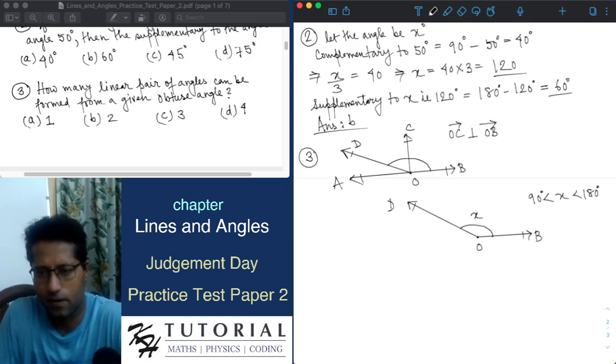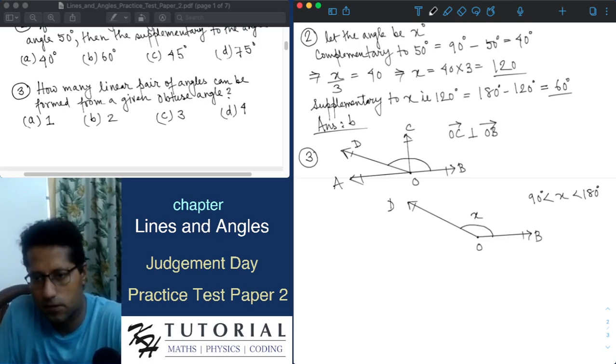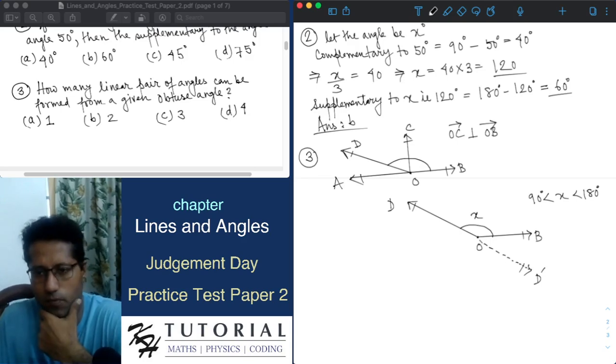I can create a ray opposite to OD, something like this, where let's say this is D dash. So OD dash is opposite to ray OD. And let's say this angle is Y.